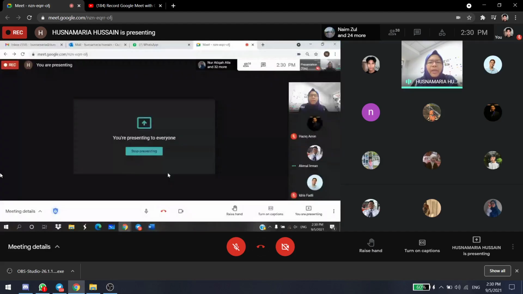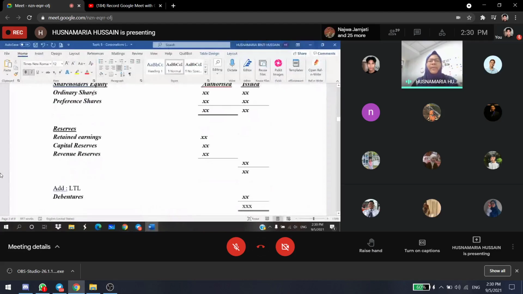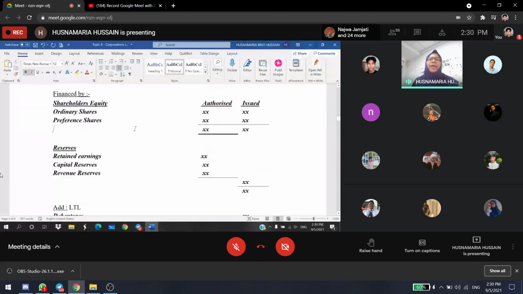Okay. And then, okay, for the finance by, you kena faham, finance by, it is where this section, meaning here it will list down the people from whom you get the capital or from whom your company has been financed from. Finance, meaning dia dapat duit tu daripada mana, okay.